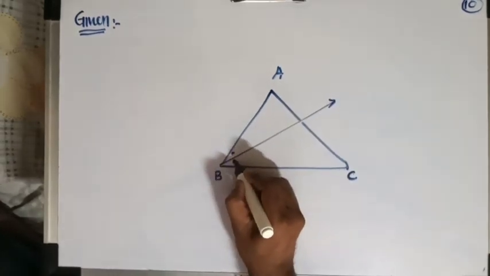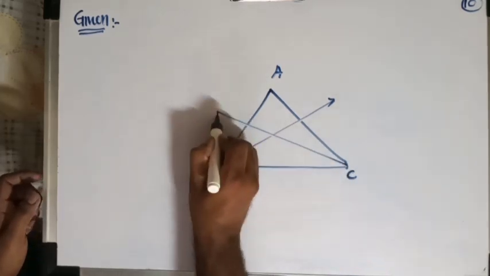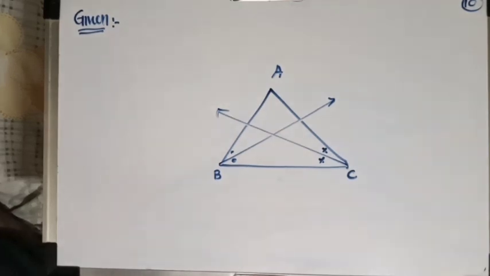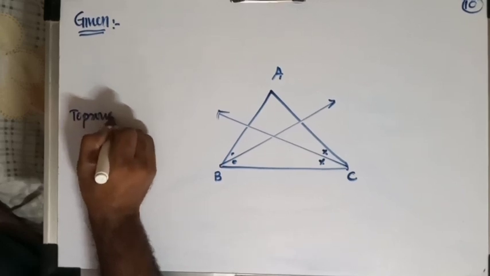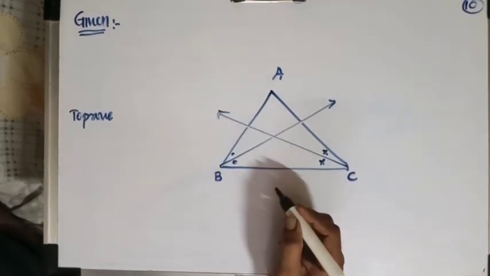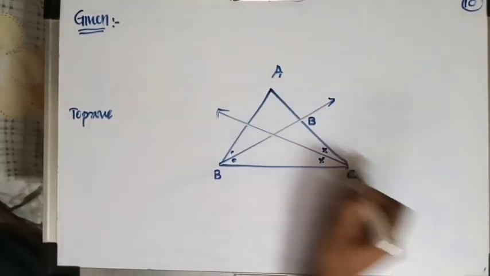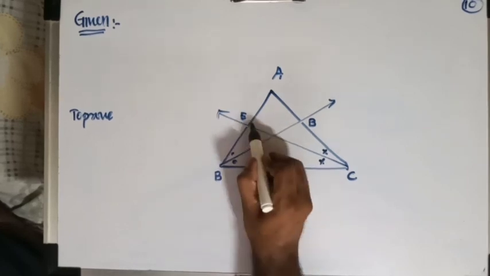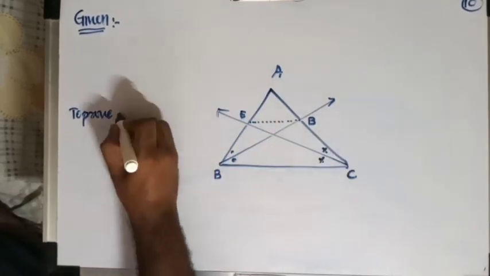BD is bisecting angle ABC. CE bisects angle ACB. CE is bisecting angle ACB. Okay, and you need to prove that ED is parallel to BC.